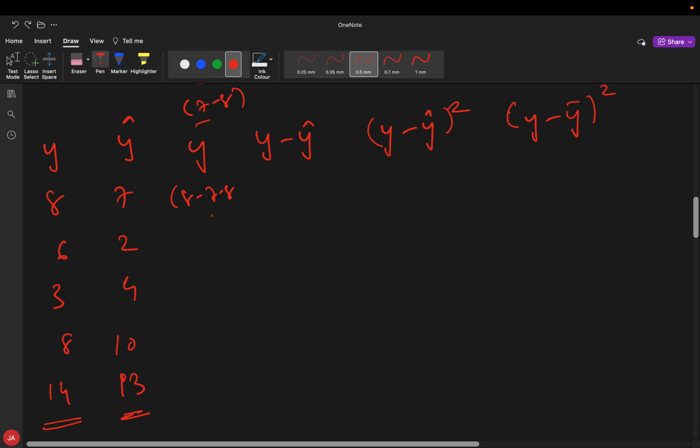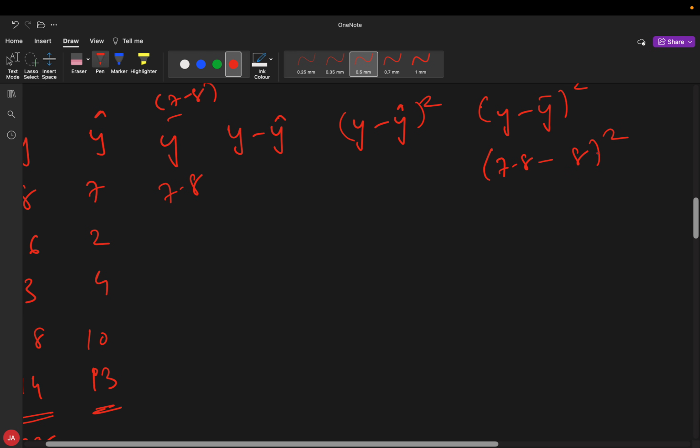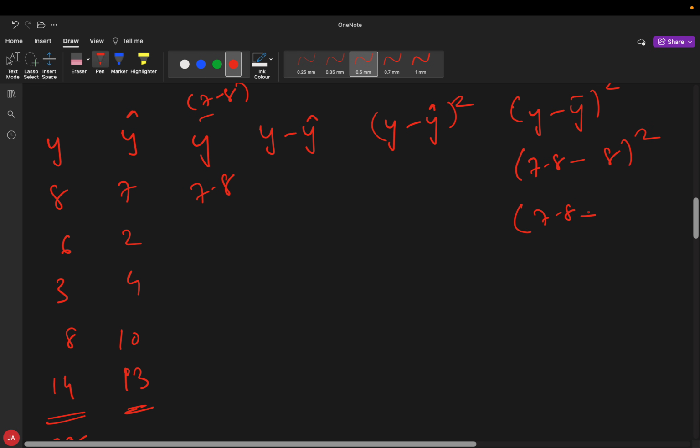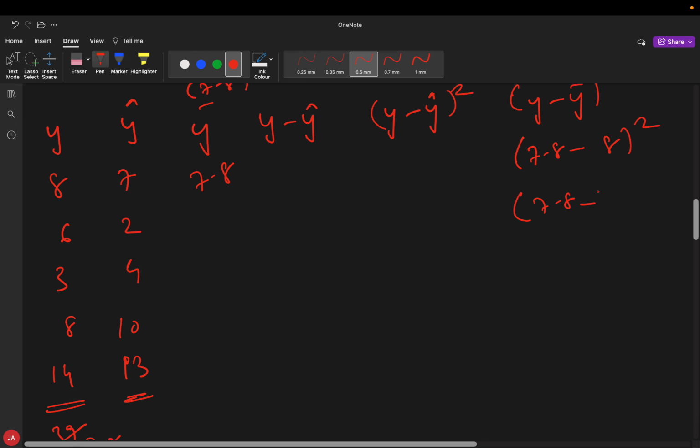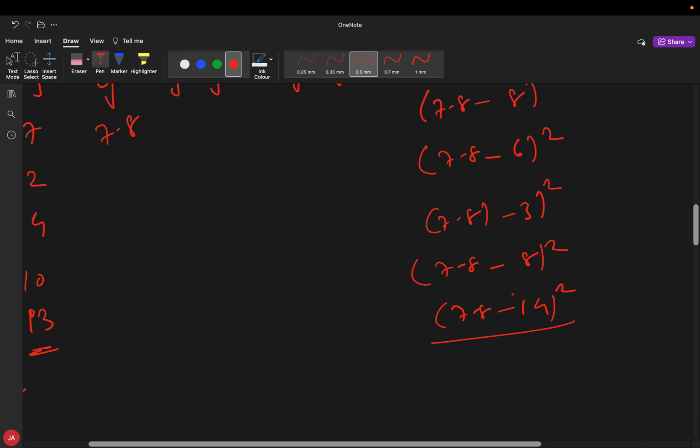No, this is just the mean, right? This is 7.8, and y minus y mean squared: so 7.8 minus 8 squared, 7.8 minus 6 squared, 7.8 minus 3 squared, 7.8 minus 8 squared, and 7.8 minus 14 squared, right?